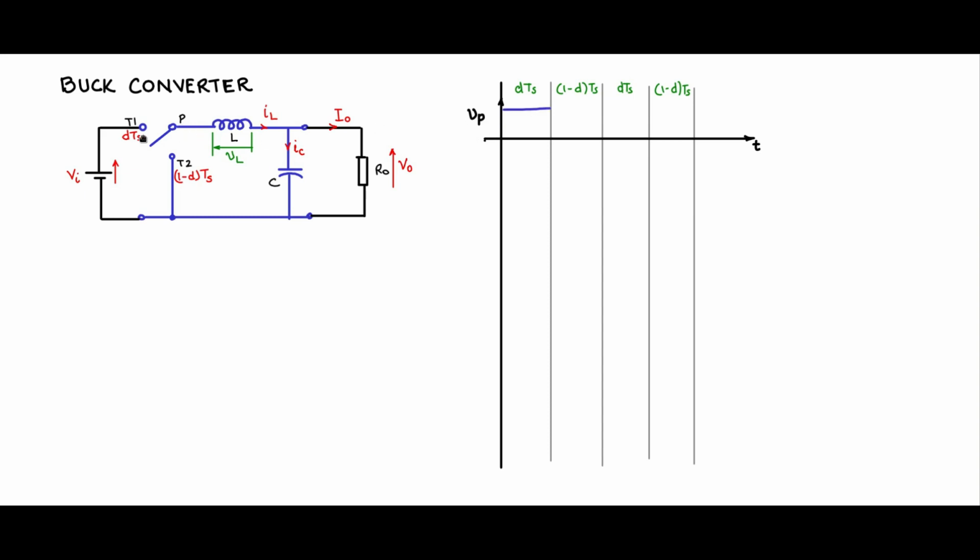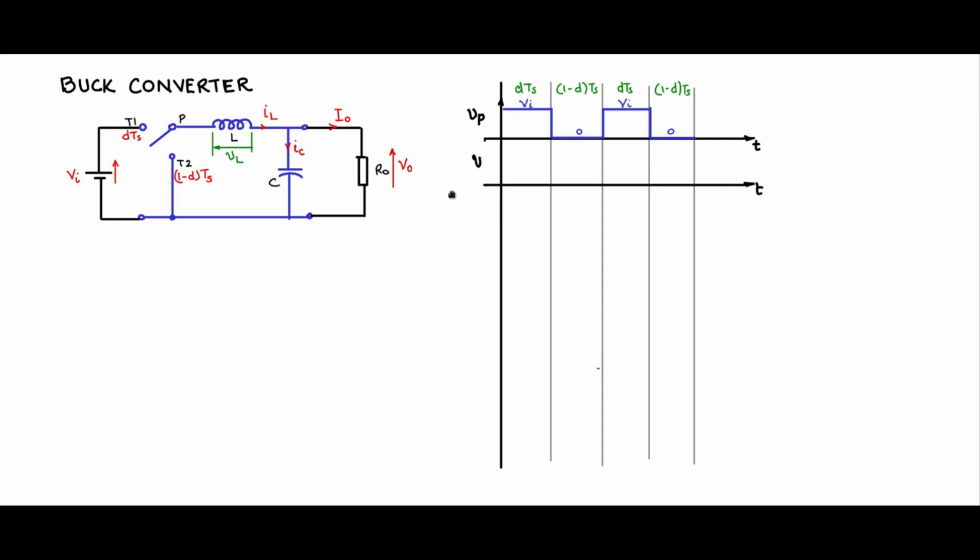During DTS, P is connected to T1, so it is Vi, Vin. Then during 1 minus D TS, P is connected to T2, it is 0. Then during DTS connected to Vin, and so the waveform at the pole P, Vp is given here. So it is Vi and Vi.